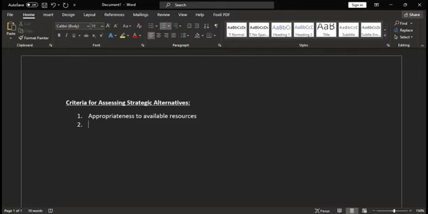The second is appropriate time horizon. The third is internal consistency. The fourth is external consistency.